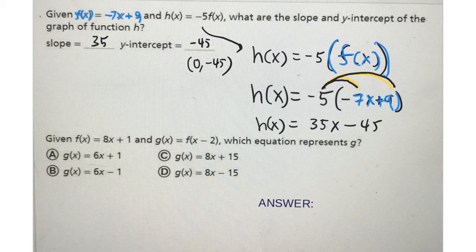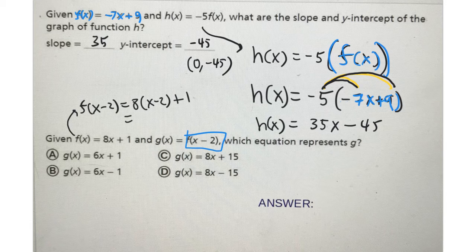So when it comes to this one, which is a little bit more complicated, we have to figure out, okay, what is f of x minus 2? Well, we know that f of x is 8x plus 1. So f of x minus 2 is going to be the same thing, only with x minus 2 plugged in. So we have 8 times x minus 2 plus 1.